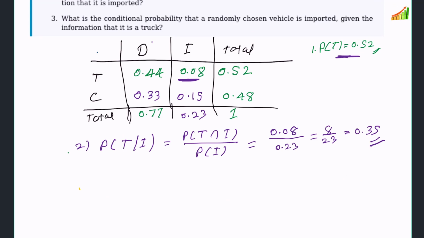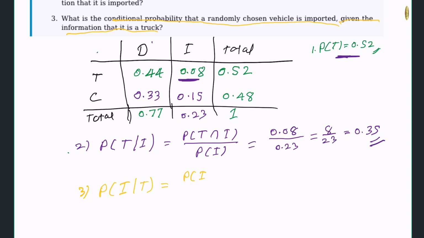Now go to the third one. What is the conditional probability that a randomly chosen vehicle is imported? And now they are asking the probability of imported. But you have a condition, given the information that it is a truck. We know now it is a truck, that is the condition. So how do we find this?